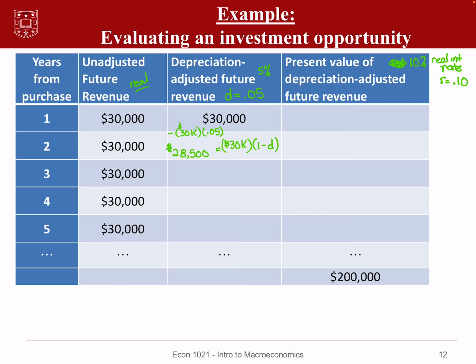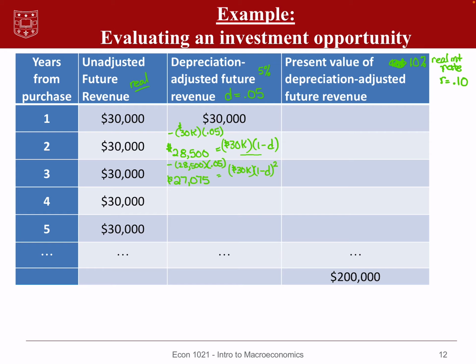In year 3, further depreciation has occurred, so we're going to subtract 28,500 times 0.05, and the number that you would come up with here is that the revenues would be 27,075. And if we think about what this is, it's the revenues that we had in year 2 minus this depreciation. So this is going to be 30K times 1 minus the rate of depreciation squared.